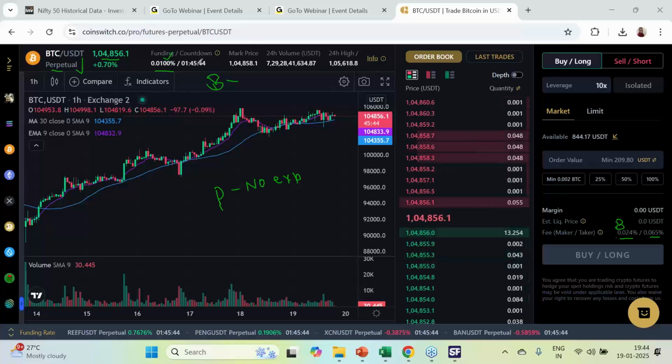So as a buyer of this contract, Bitcoin or anything, you will receive contract value, whatever 1 crore means, multiplied by 0.024% one time. The funding is every 8 hours and will go on, but this maker fee is a one-time amount you receive as a buyer.